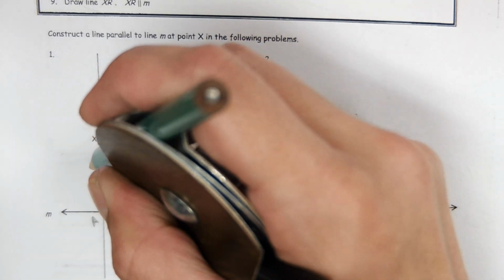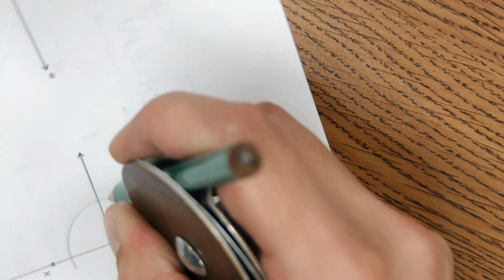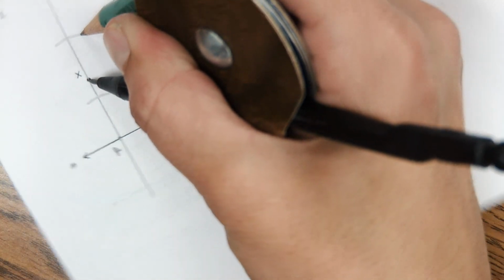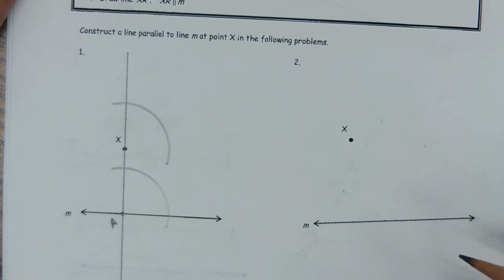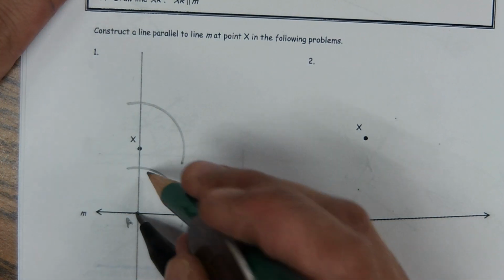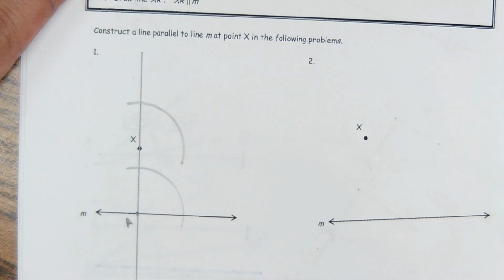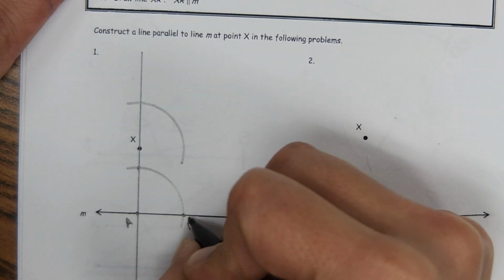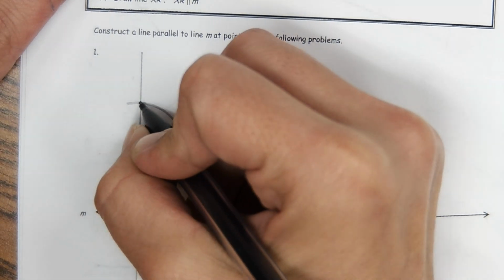So I made an arc from A, went to X, made the same arc. This is B, Q, and T.